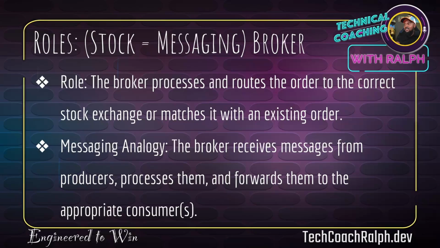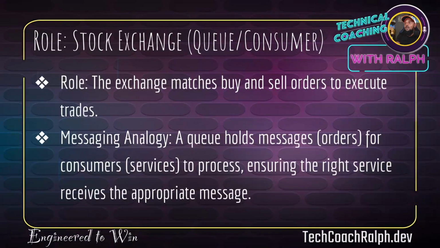For our messaging analogy, the broker receives messages from the producer, processes them, and forwards them to the appropriate consumer or consumers. Now, the stock exchange would be the queue, or the consumer, right? The exchange matches the buy and sell orders to execute trades. Messaging analogy: a queue holds orders for the consumer services to process, ensuring the right service receives the appropriate message.